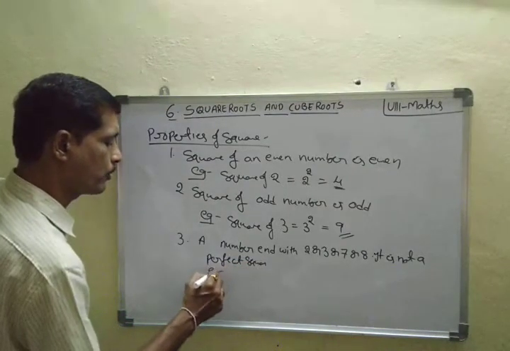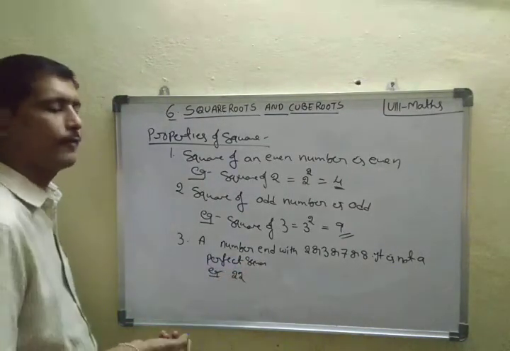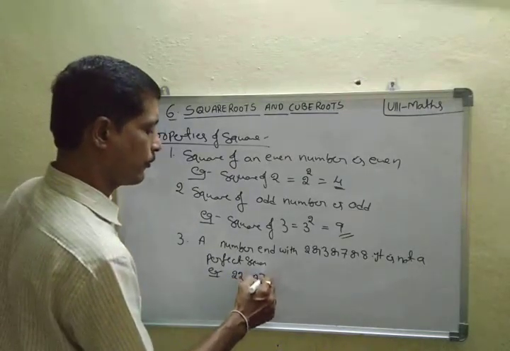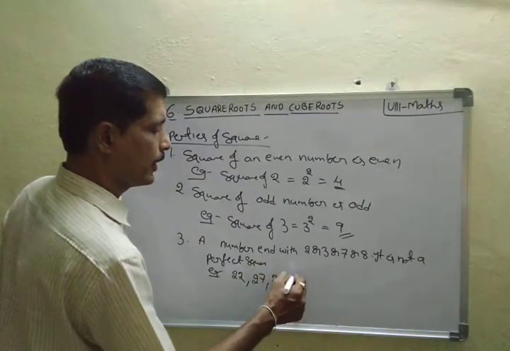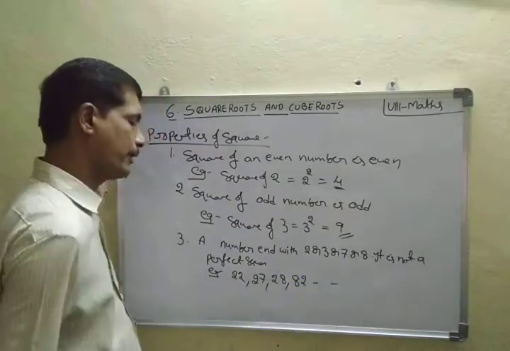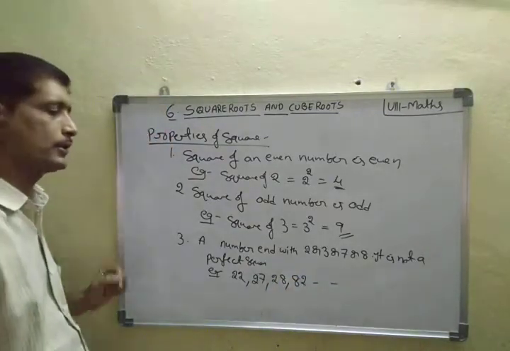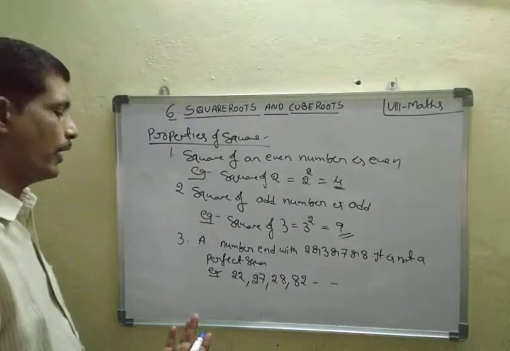Suppose, for example, 22. It is not a perfect square. 27, 28, 82, 72, whatever it may be, it is not a perfect square.